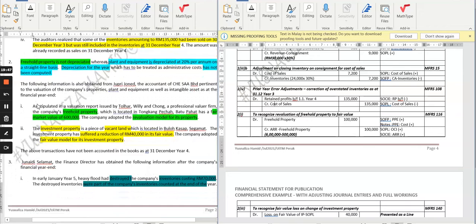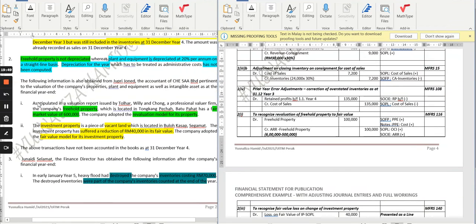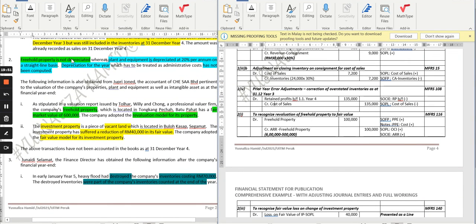Next, we go on to the freehold property. Freehold property is not depreciated. Remember, I put a different color here. Green is for the PPE that were not depreciated. Blue is for the PPE that is being depreciated. For the plant and equipment, 20% per annum straight line basis.